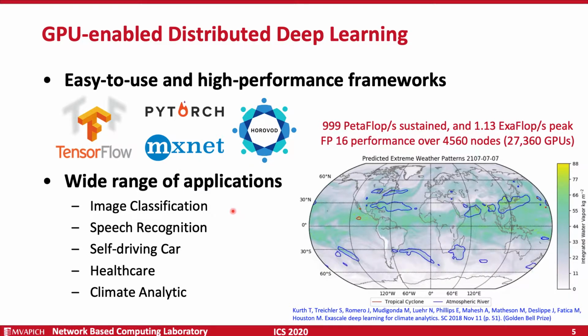It has been powering a wide range of applications, from image classification, speech recognition, self-driving car, healthcare, and climate analytics. A lot, you name it. So here I just put one example. This is from the SC 2018, the Gordon Bell Prize. They're actually using more than 27,000 GPUs to perform the climate analytics using a deep learning technique, and it can achieve almost 1 exaflop performance.